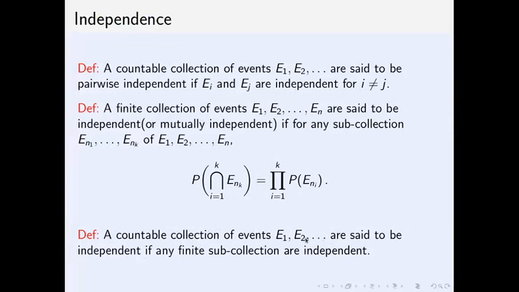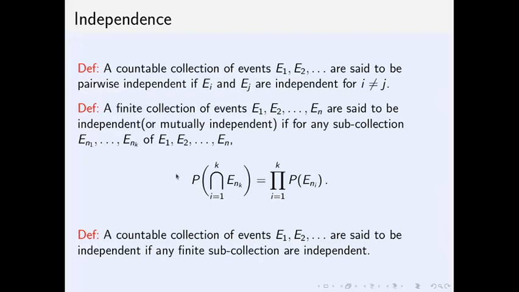So we will say that a countable collection of events E1, E2, and so on are mutually independent or independent if any finite subcollection is independent. So I will take any finite subcollection from the countable collection, and then I need to check whether that subcollection is independent or not.